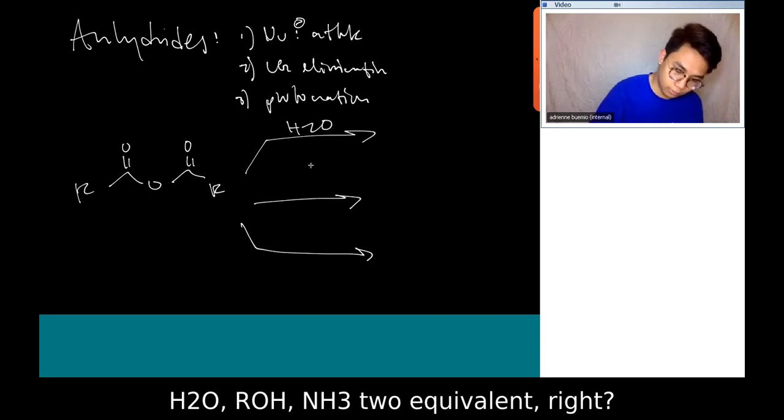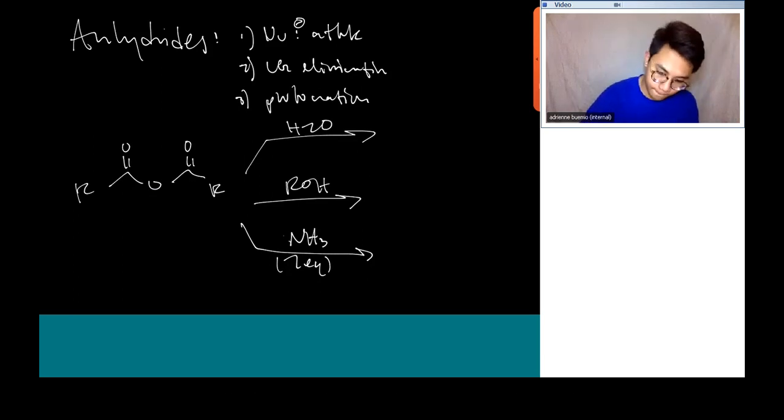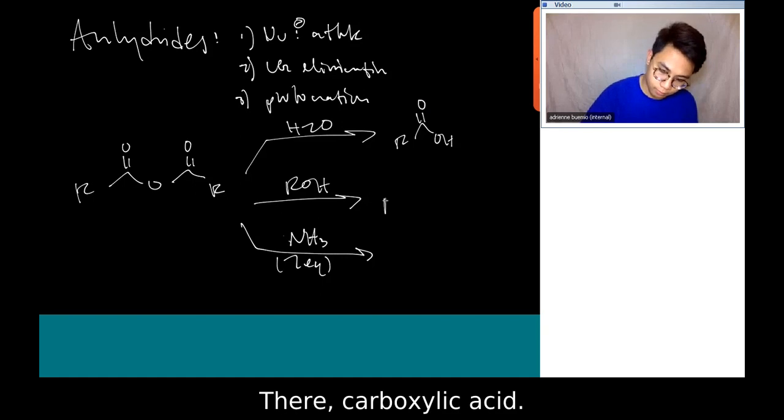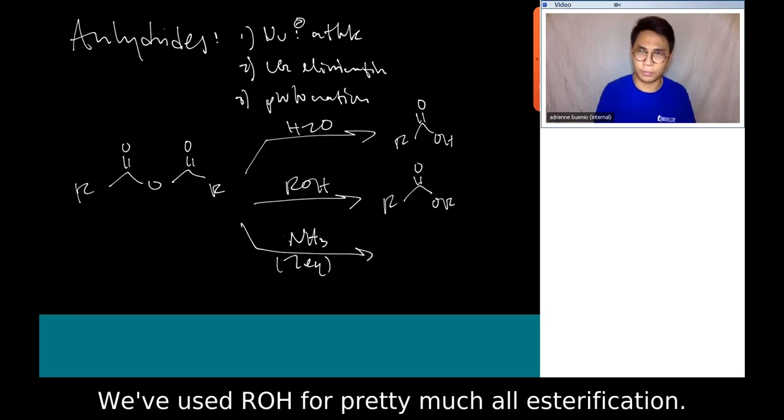H2O, ROH, NH3, 2 equivalent, right? Pretty much the amines that are reagents are going to have equivalents. There, carboxylic acid. So you're kind of sensing a pattern here, right? We've used ROH for pretty much all esterification.